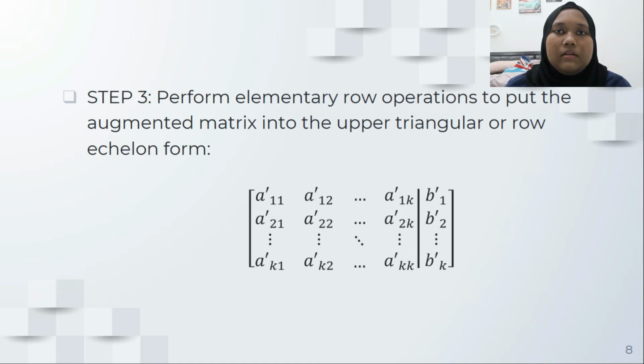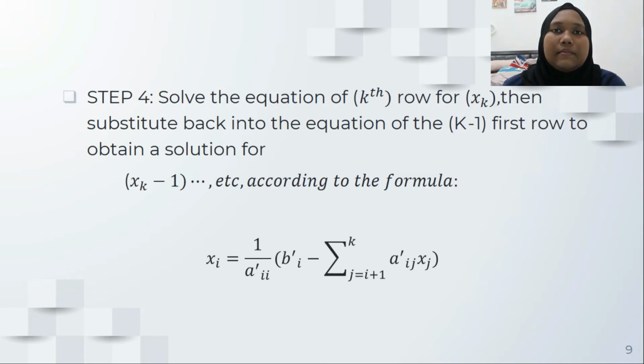Perform the elementary row operation, which is ERO, to put the augmented matrix into the upper triangular or row echelon form. And the last step, step 4, solve the equation of k row for xk, then substitute back into the equation of k minus 1 row to obtain a solution for xk minus 1 according to the formula.